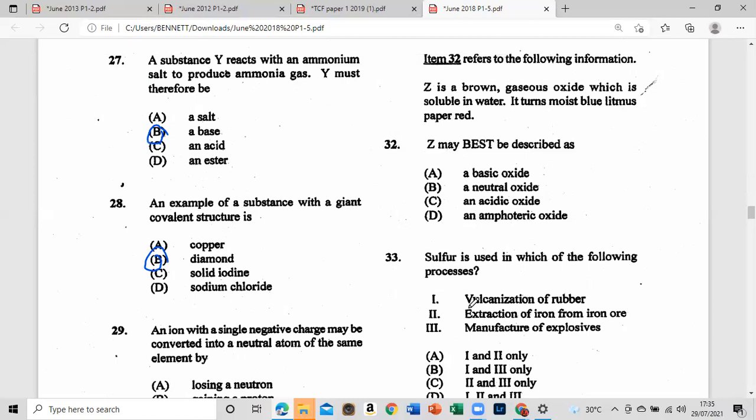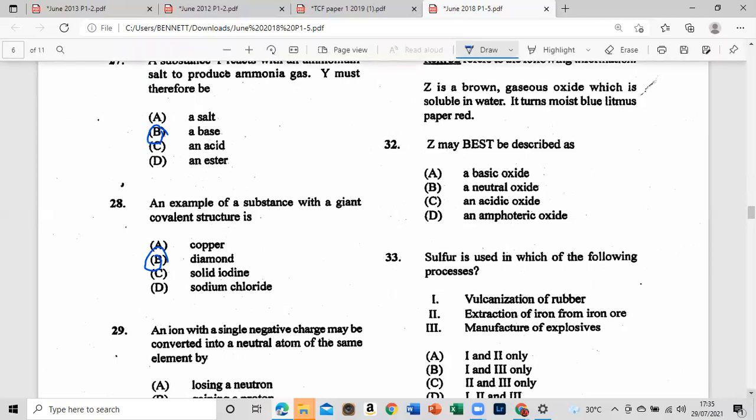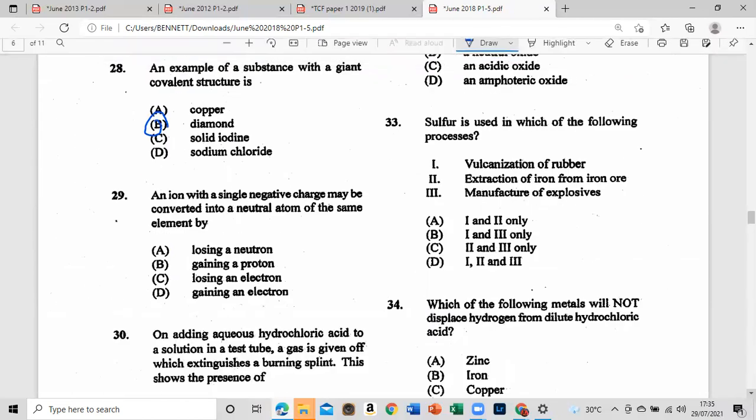All right, 29. An ion with a single negative charge may be converted into a neutral atom of the same element by losing a neutron, gaining a proton, losing an electron, or gaining an electron.